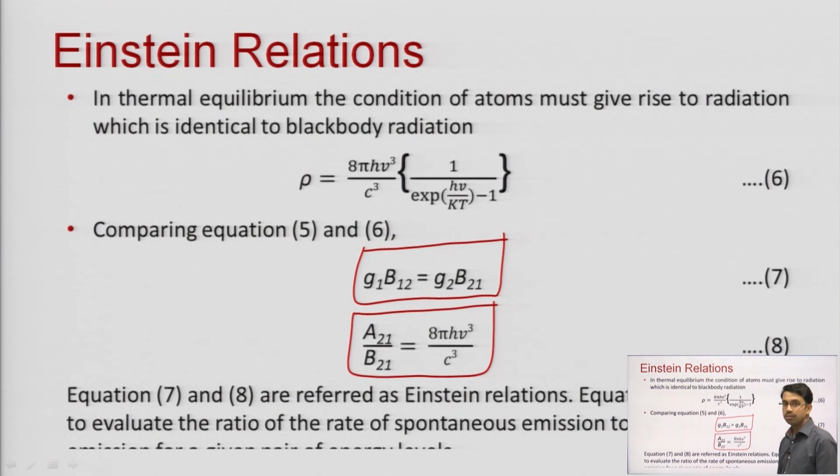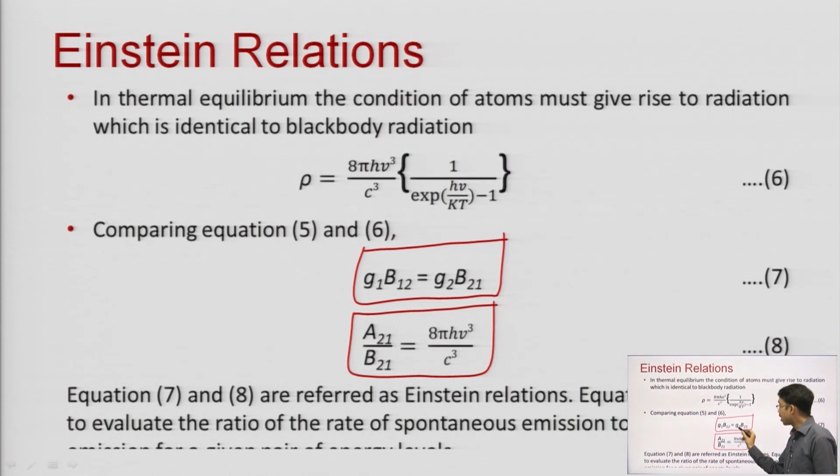So, we can find out the ratio of spontaneous emission to stimulated emission using this relation, for a given pair of energy levels. So, this was Einstein's relations, equation 7 and equation 8.